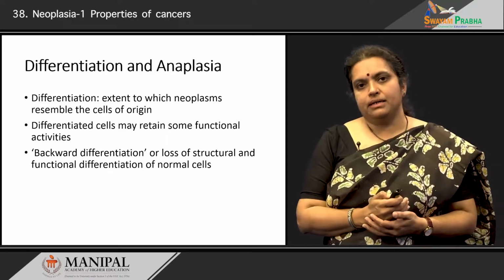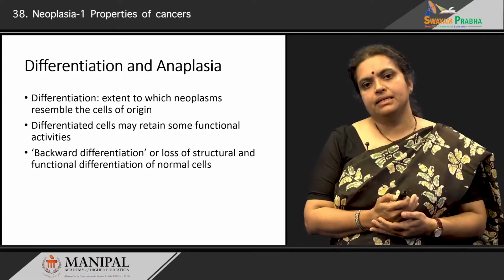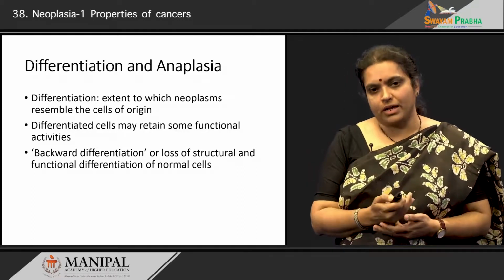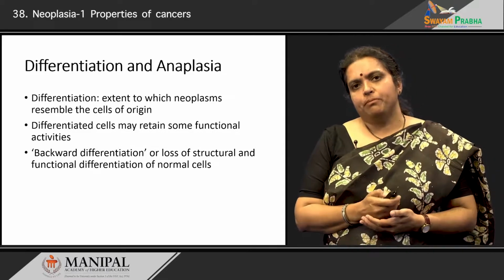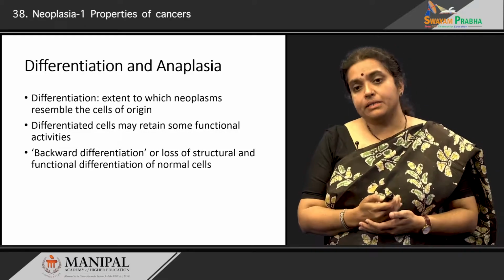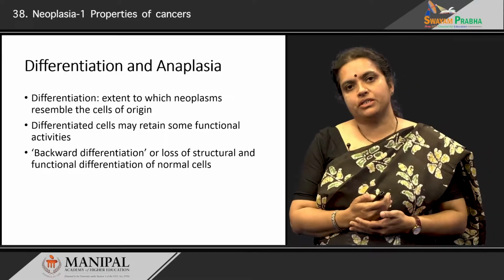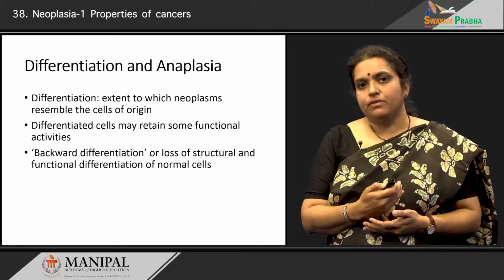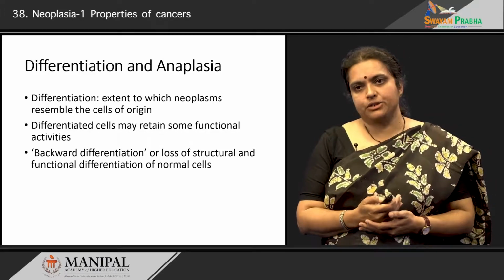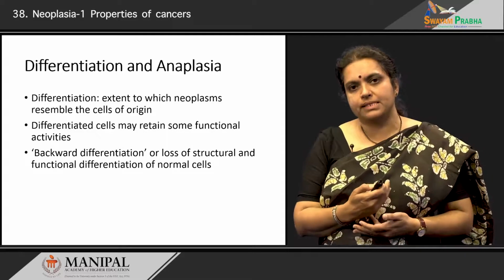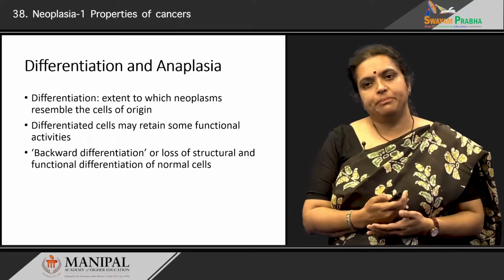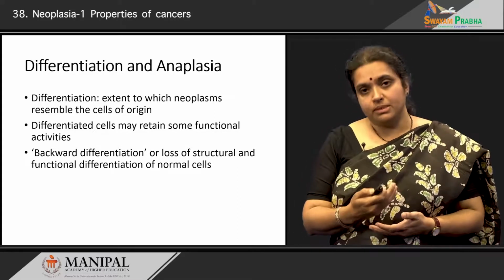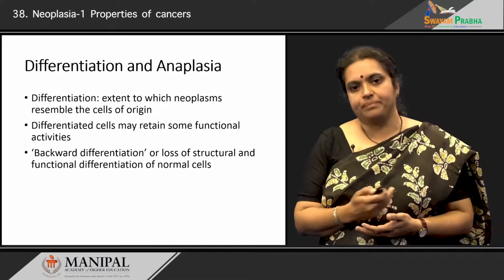Now, usually one of the hallmarks of cancer is that it is less differentiated than the normal structure. The better differentiated the cell is, it may even retain some of the functional activities of that organ. For instance, suppose it is a well differentiated squamous cell carcinoma, the same example that we took of the skin. Even this tumor may produce keratin. That is because, as we know, the normal skin also produces keratin, right.